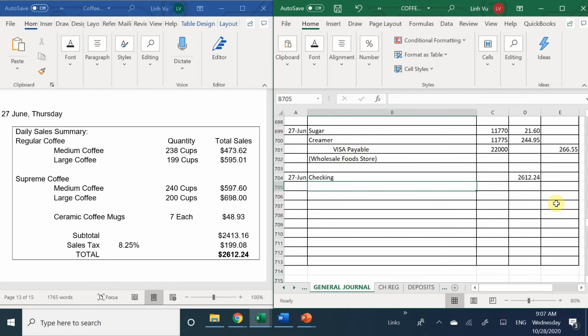Now this is where you're going to itemize every single sale. So the sales of regular medium coffee. Good. Then the next line would be sales, large regular coffee.